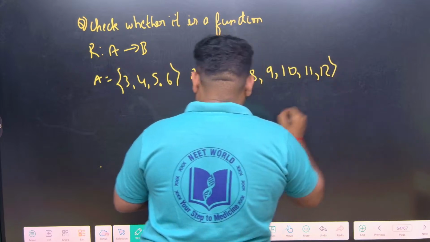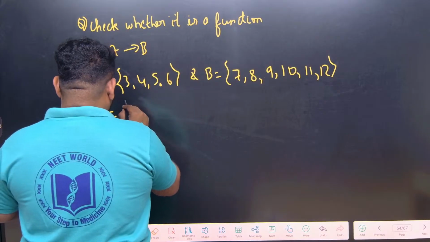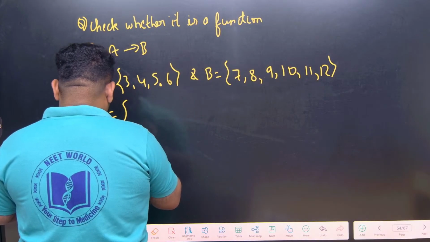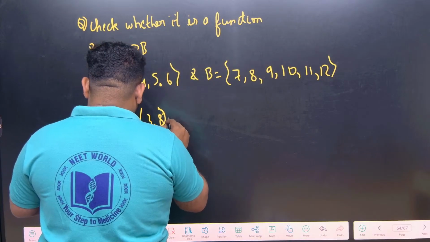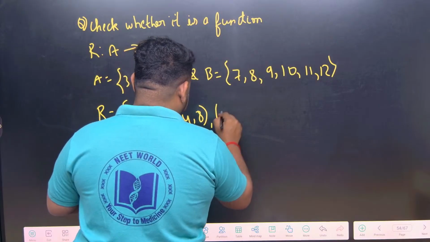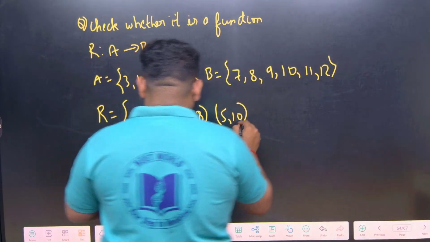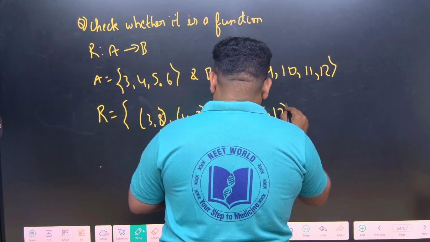Okay, this is the question. And R, that is the function, is given like this: (3, 8), (4, 8), (5, 10), (6, 12). This is one question.